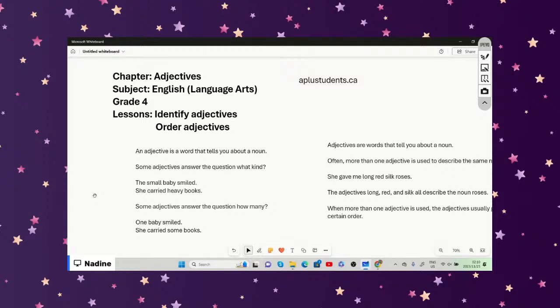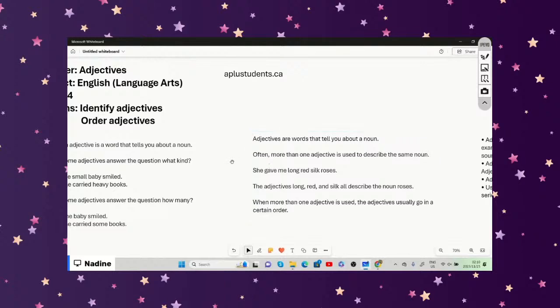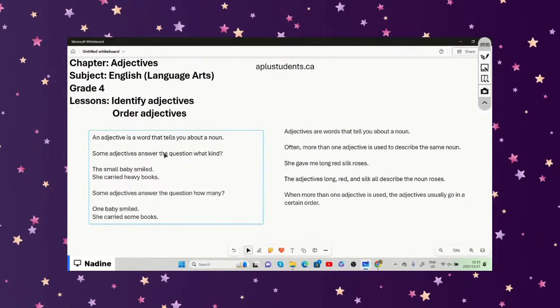And often when adjectives are being described, there's also a certain order in which the adjectives can be described. So we are going to identify adjectives in the form of what kind and how many.